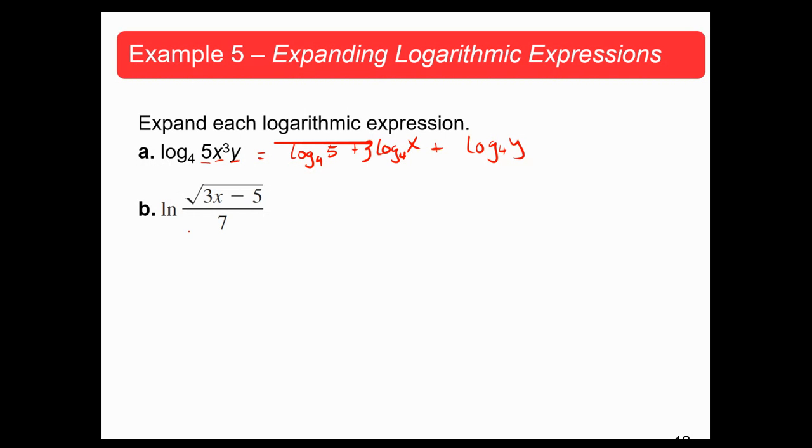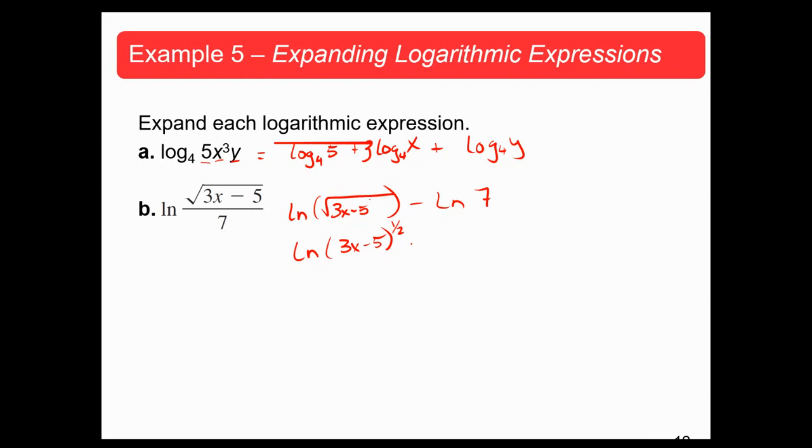On the second one here, we're going to take them in two parts because there's a division, so we're going to subtract. So we have ln, and I'm going to put that in parentheses, 3x minus 5, minus ln of 7. Now, remember, the square root is the same as saying the value to the exponent of 1/2.